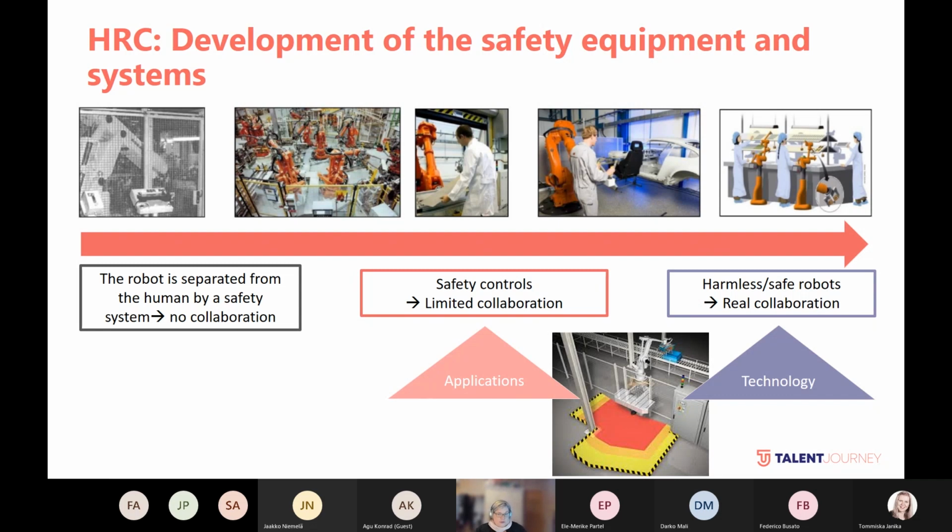So the robot is not stopped if I go there, but I can work together with the robot. When collaborative safety solutions are used, they are just safety applications. But collaborative robots themselves are safe and collaborative machines or robots.